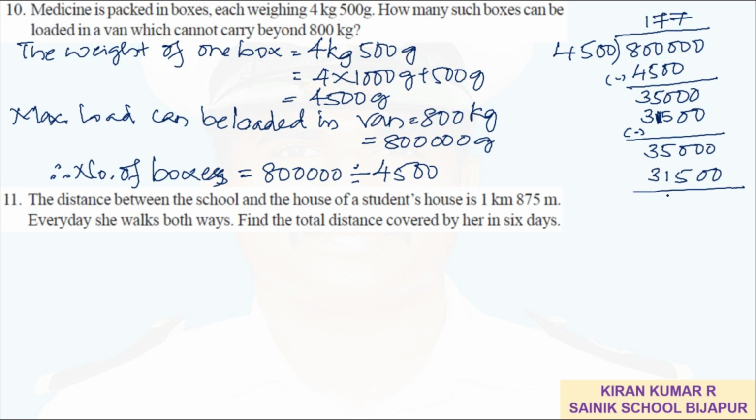We get 3500. This 3500 is smaller than 4500, so I have to stop our division at this stage. So approximately 177 boxes are required.